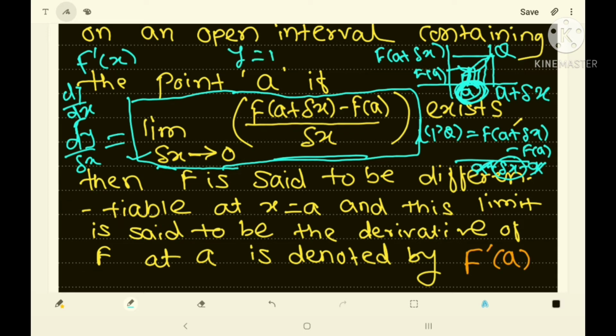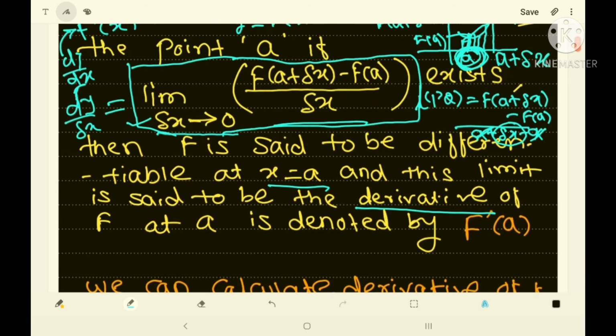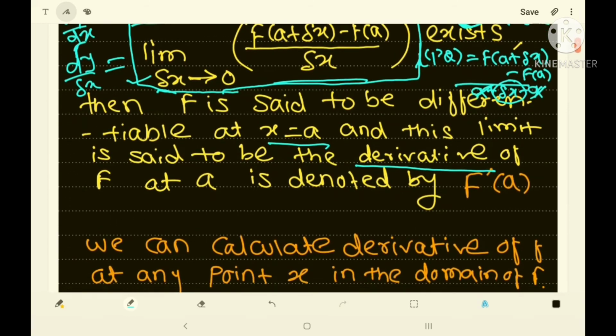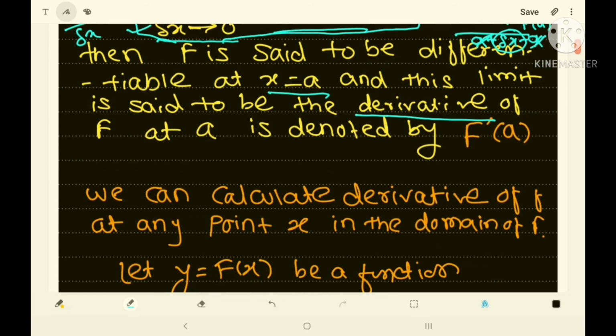If your y is in the form of f of x, then dy by dx is in the form of f dash x. So if my point is differentiable at x equal to a and this limit is said to be derivative, it means this total bracket is known as derivative, and this is known as first principle.